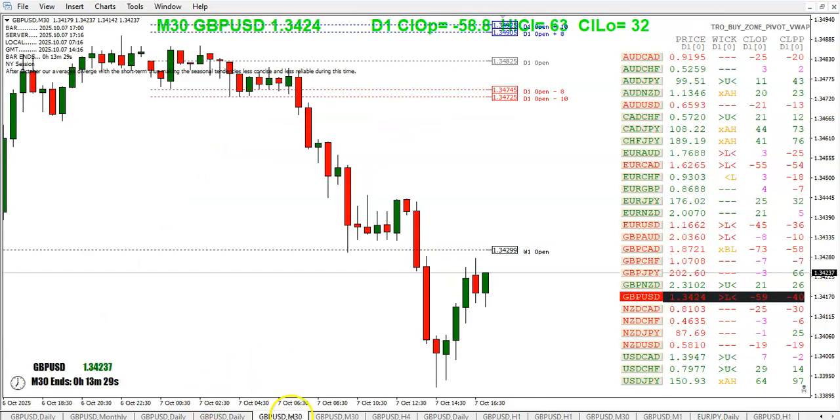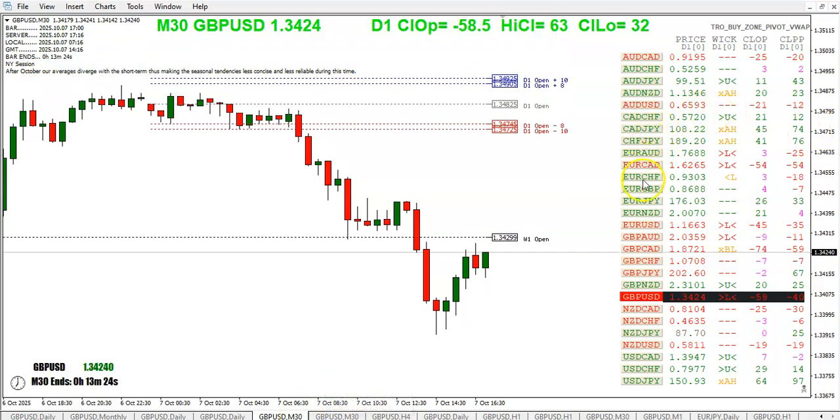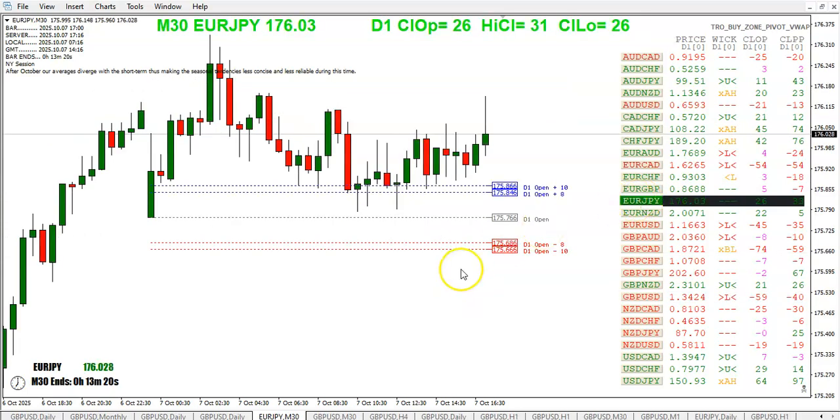So let's see. Let me switch over to Euro Yen. Here, for today, it went 10. Then you see from there, it actually hit the high. It came back down, hit 10.